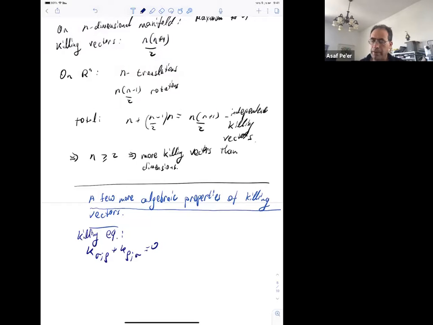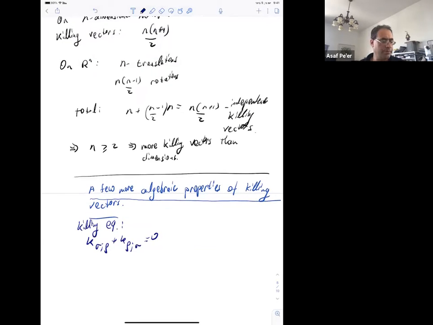Now, remember that when we discussed the curvature tensor, we saw that when you take the commutator of covariant derivatives acting on a vector, you get the vector times the curvature.